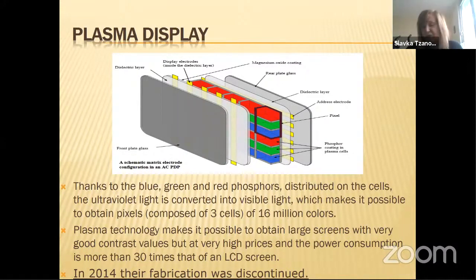I didn't speak of liquid crystals yet. I also have one small movie on this, the difference of both. So in 2014, I underline this, their fabrication was discontinued. They are no longer fabricated. Someone can say, I watch my plasma at home, but maybe it is a plasma made before 2014.